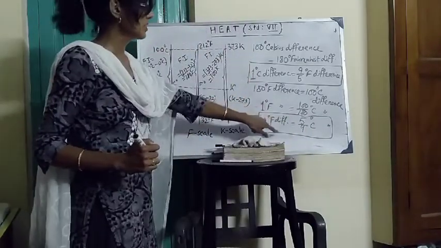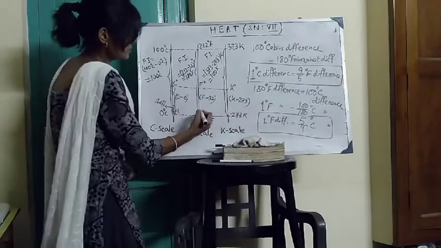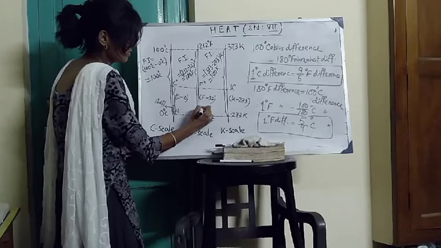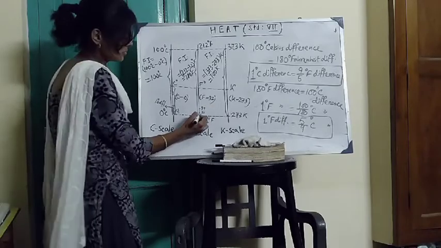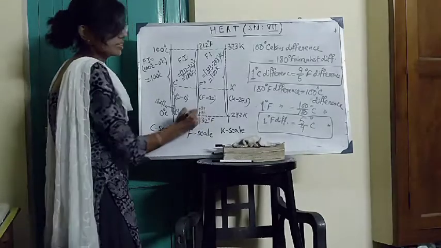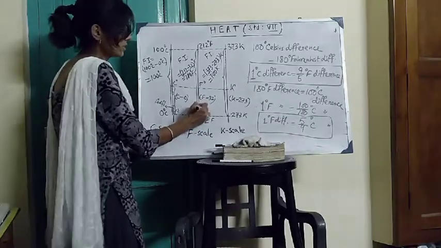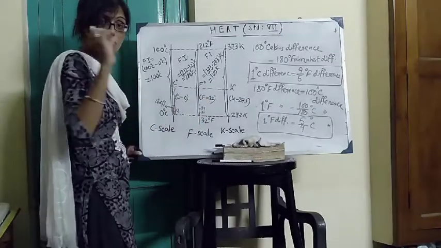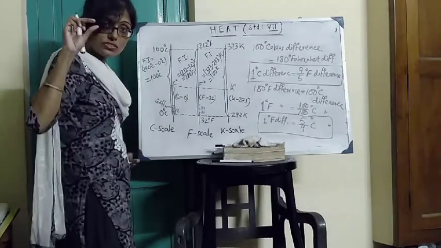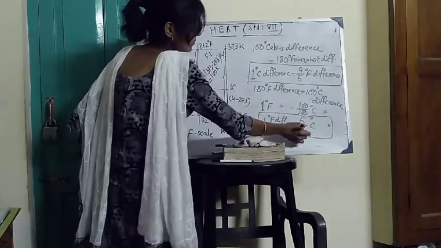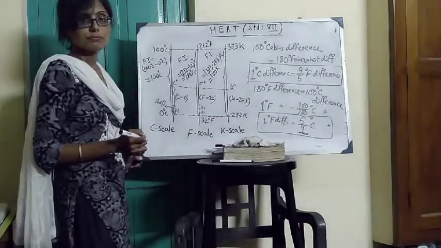What is the meaning of this statement? 1 degree Fahrenheit difference: 32, next one 33, next one 34. The difference between 32 and 33 is 1 degree Fahrenheit. Difference between 33 and 34, 1 degree Fahrenheit. 34 and 35, 1 degree Fahrenheit. So this 1 degree Fahrenheit difference, if we measure it in Celsius scale, we get the value as 5 by 9, which is less than 1.